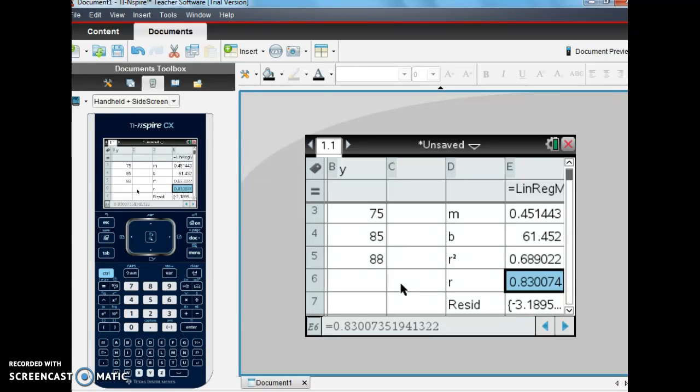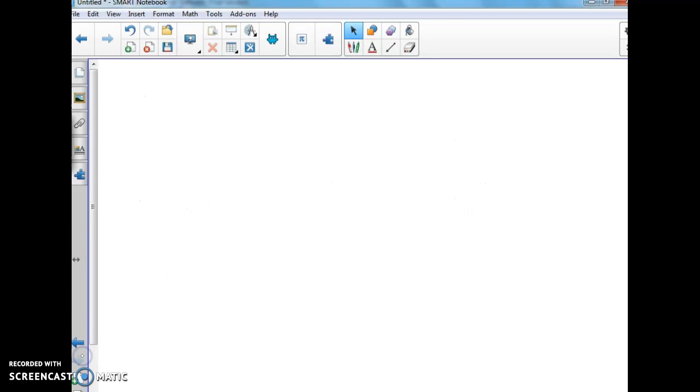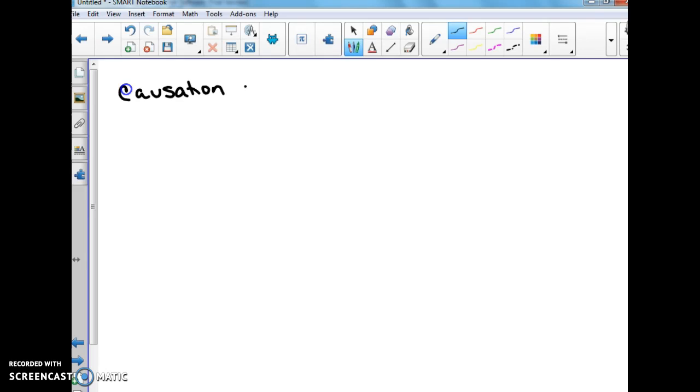The other thing that we need to talk about is causation versus correlation. So a causation means that you are going to have a cause and an effect.